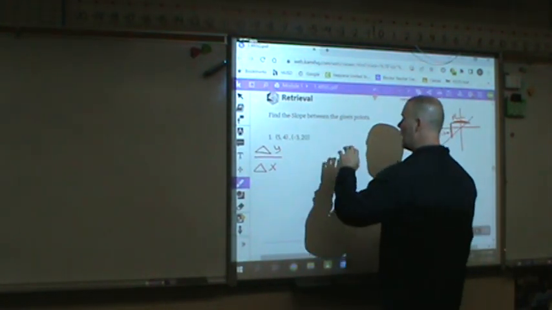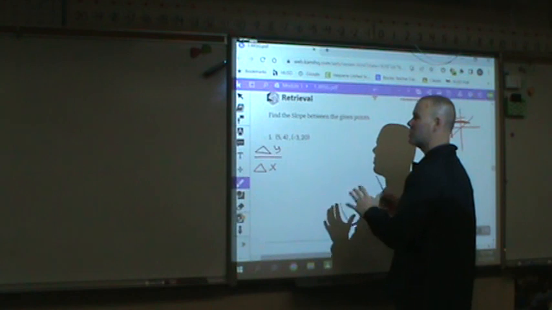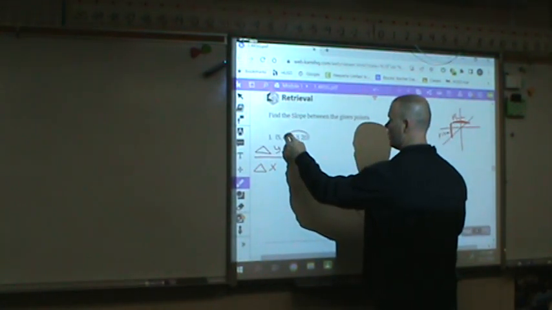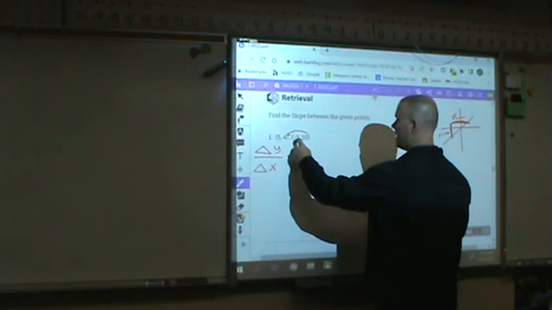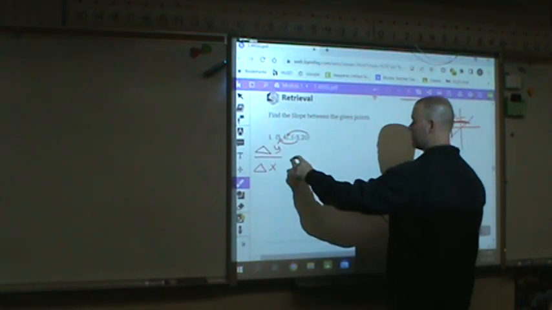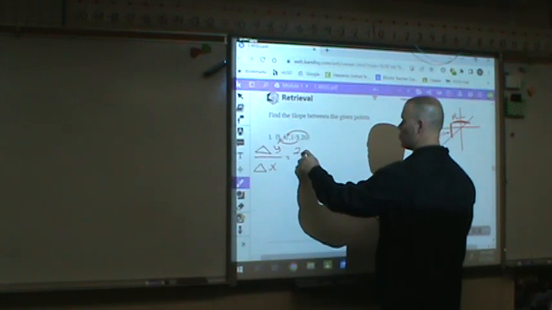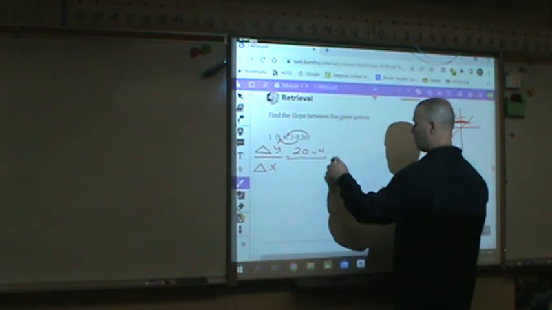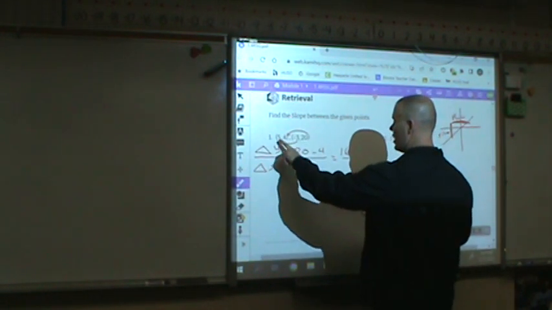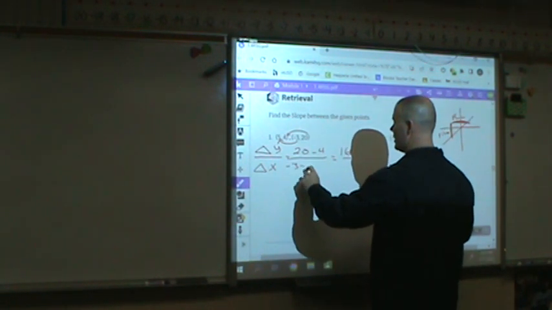So, to keep yourself from getting confused, show some sort of trail. I'm going to put 20 with 4, and I'm going to put 3 with 5. Your y's with y's, x's with x's. So my change in y is 20 minus 4, which is 16. Over my change in x, which is minus 3 minus 5.